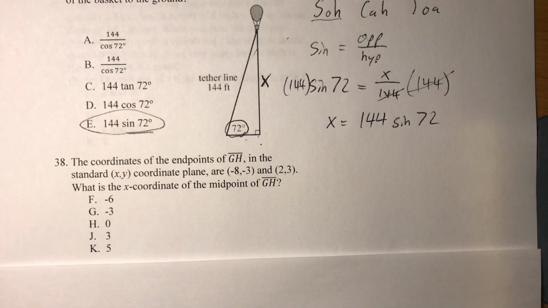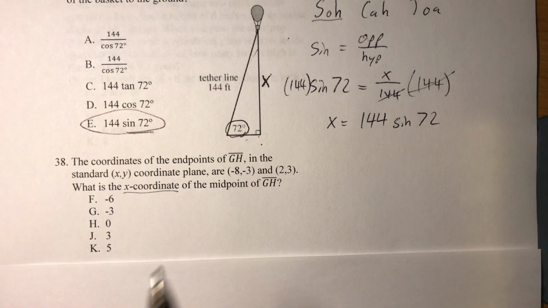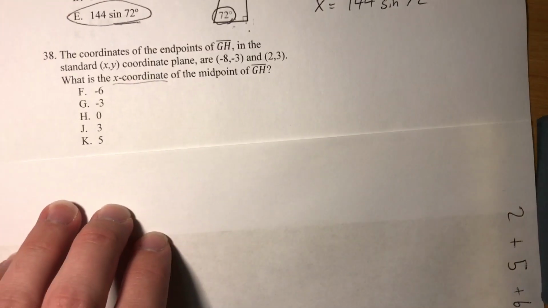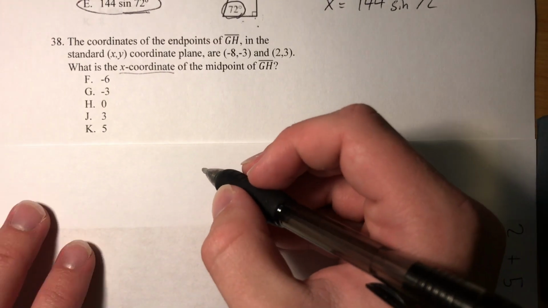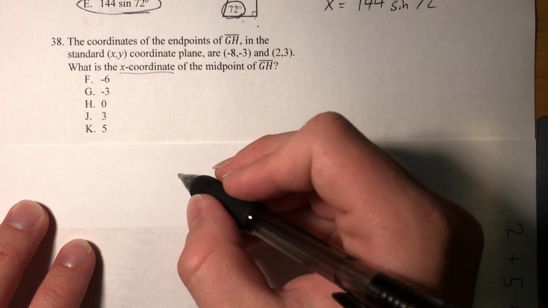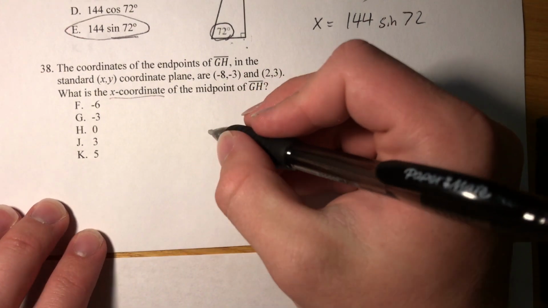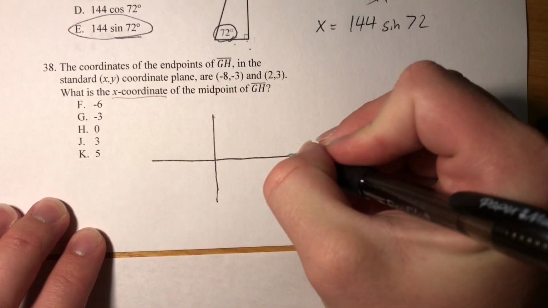The coordinates of the endpoints of GH in the standard xy coordinate plane are (-8, -3) and (2, 3). What is the x-coordinate of the midpoint of GH? So we can draw a little graph to see what we're dealing with here, and just a rough sketch is all you need.